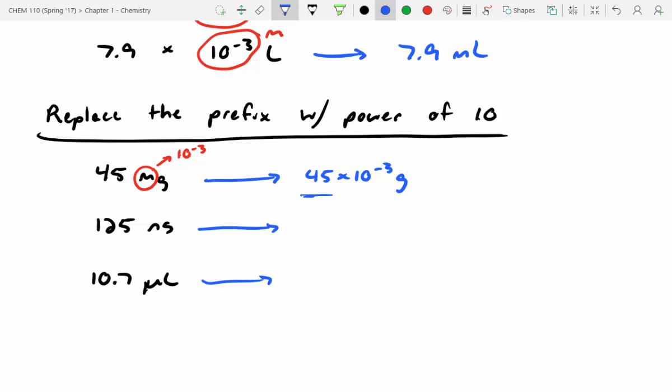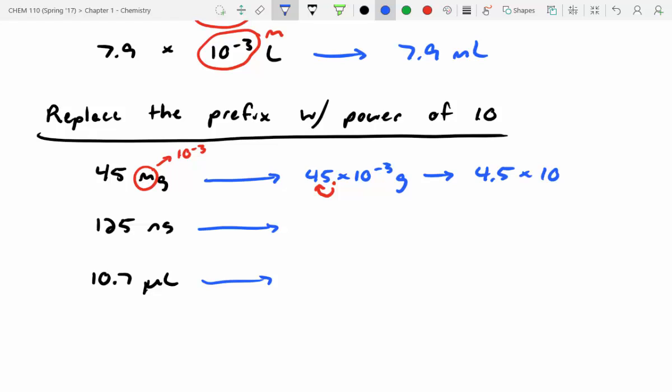Yeah, exactly. So let's take this decimal point that we know exists after this 5, and we'll move it one spot over. So it's going to be 4.5 times 10 to the what? Would it be negative 4 or negative 2?